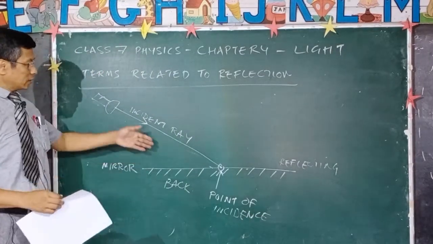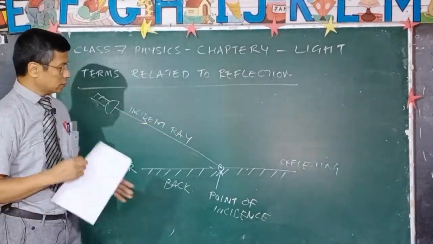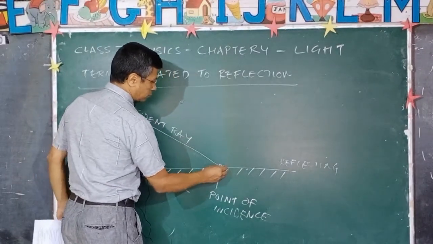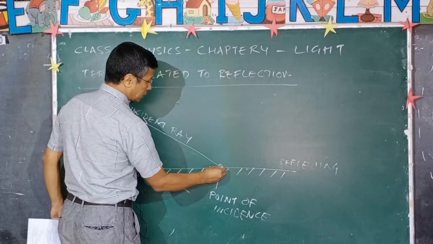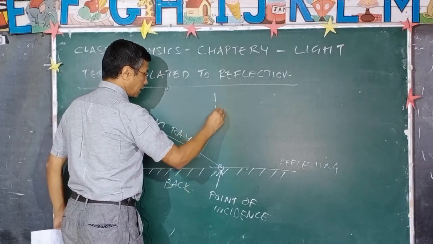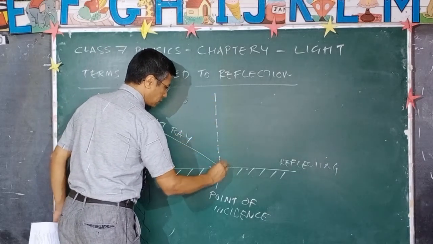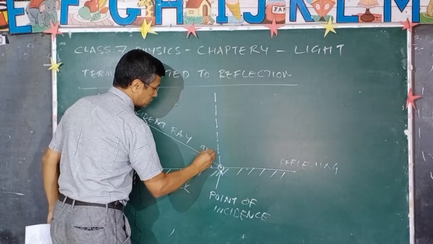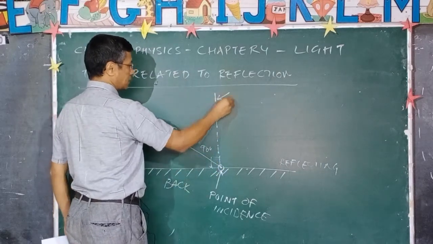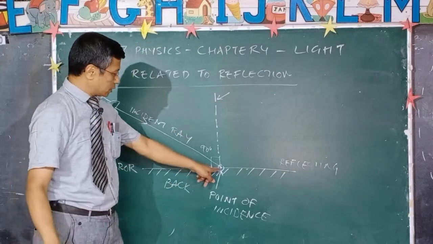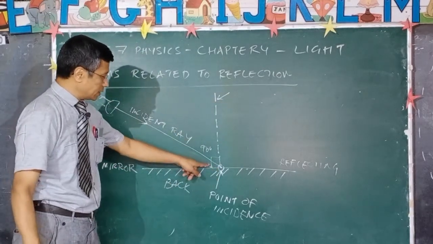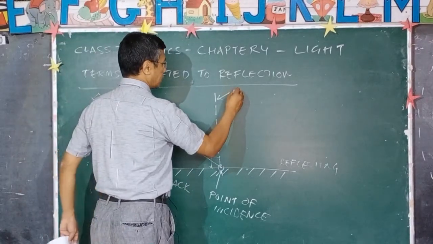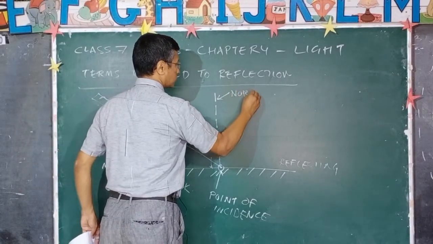Now, before we go further, if you draw a vertical line at an angle of 90 degrees to the reflecting surface at the point of incidence, this imaginary line is called the normal.